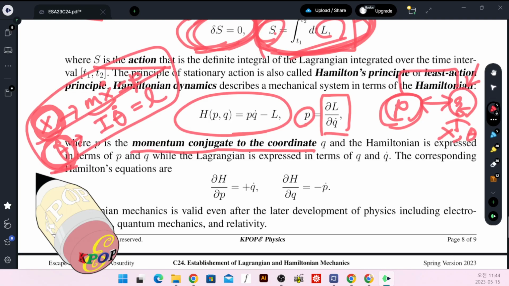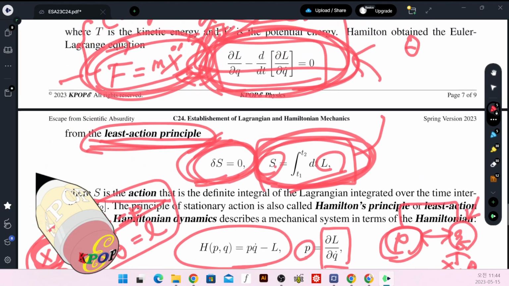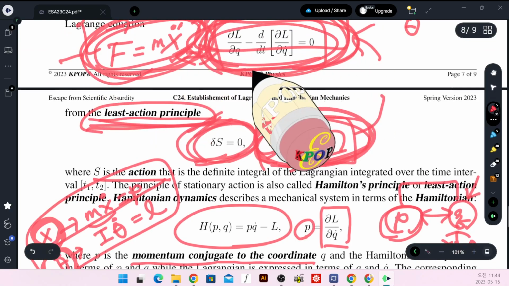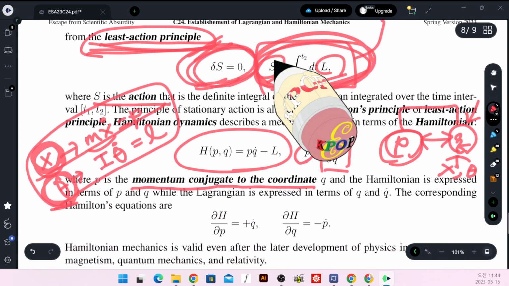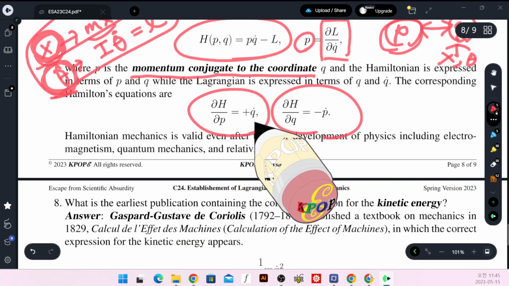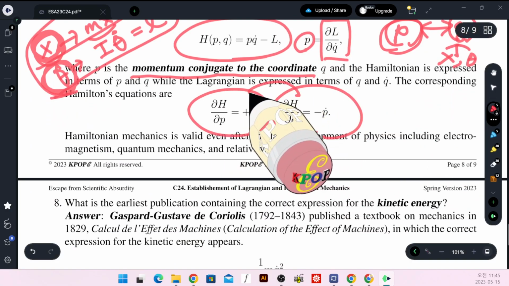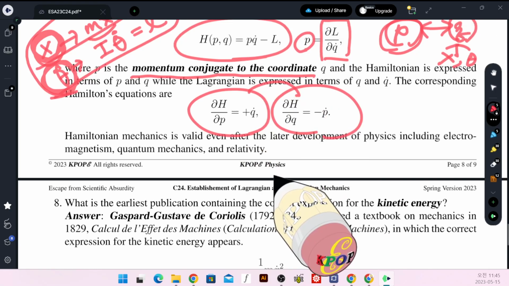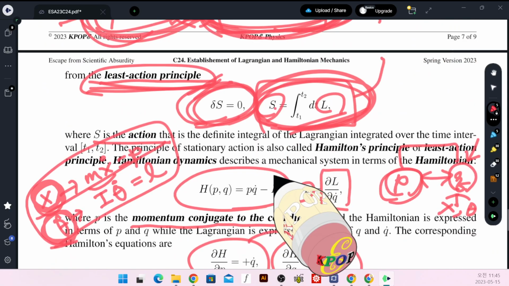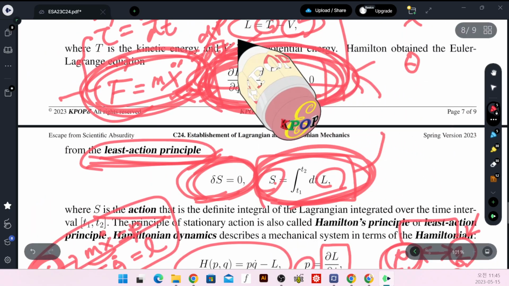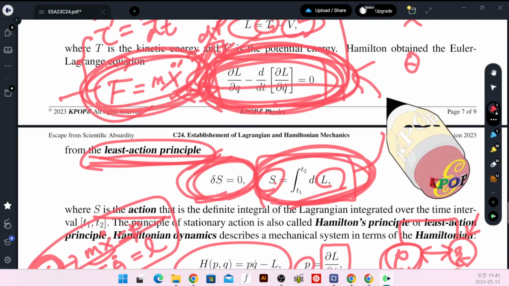Eventually, Hamilton found that this equation, F equals ma, and the Euler-Lagrange equation, can be split into two parts. F equals ma and the Euler-Lagrange equation are second order differential equations.